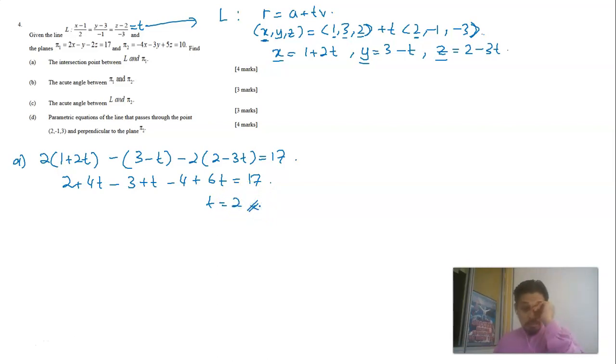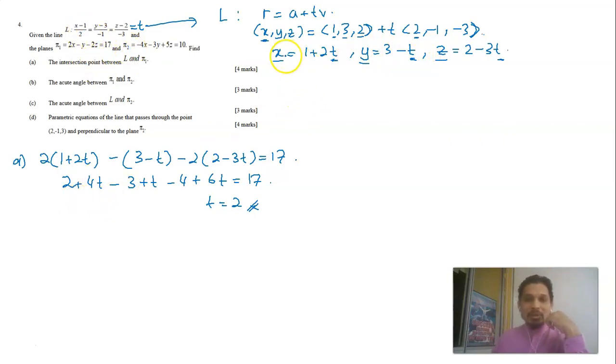Okay, so when t equal to 2, we are going to substitute the value of t equal to 2 here so that we get the exact coordinates of x, y, and z, the intersection between the line and the plane.